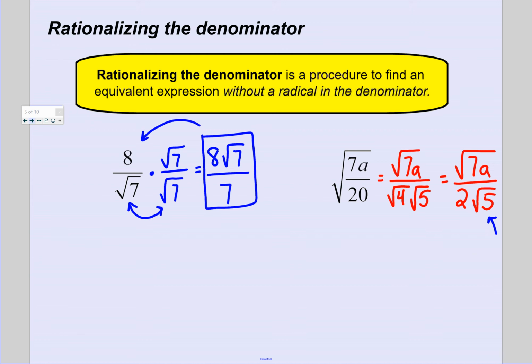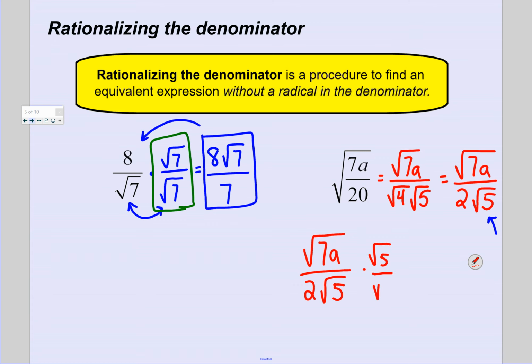So I need to rationalize the denominator. And just like in my previous problem, where I multiplied it by some value of 1, square root of 7 over the square root of 7, I'm going to do a similar process for this one, except this time I'm going to multiply it by the square root of 5 over the square root of 5.